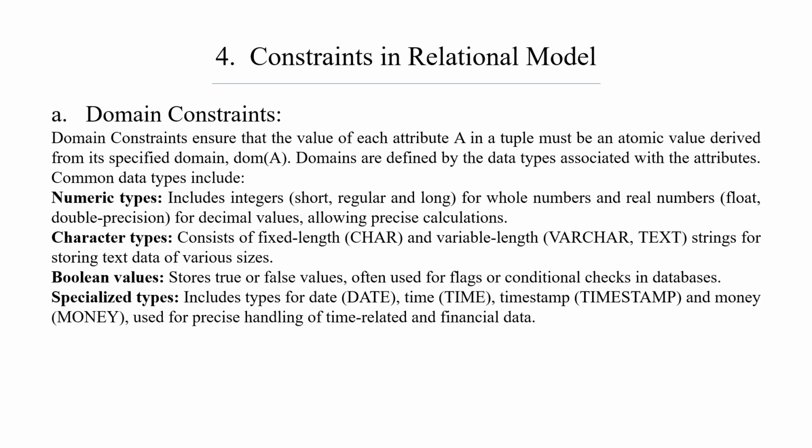If we are inserting a name value like 1, 2, 3, it should not accept because the name should have only varchar. It should not accept numeric values. Some of the common data types include numeric data types, character types, boolean values, specialized types.